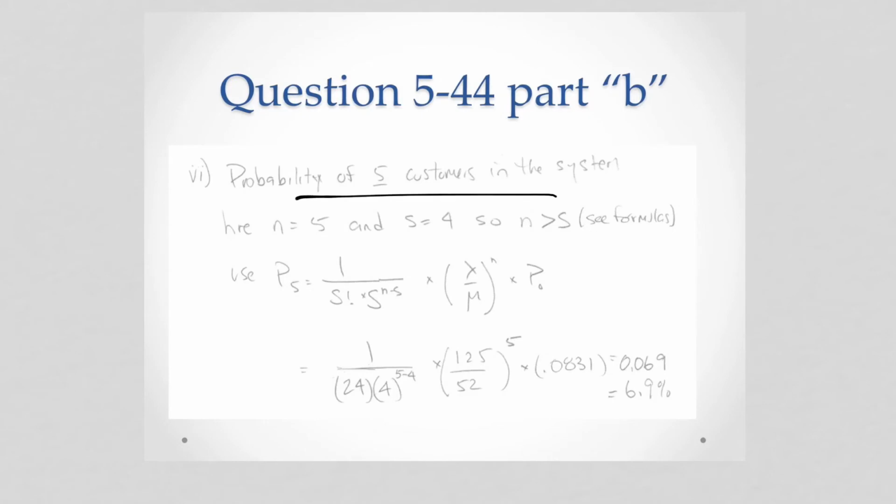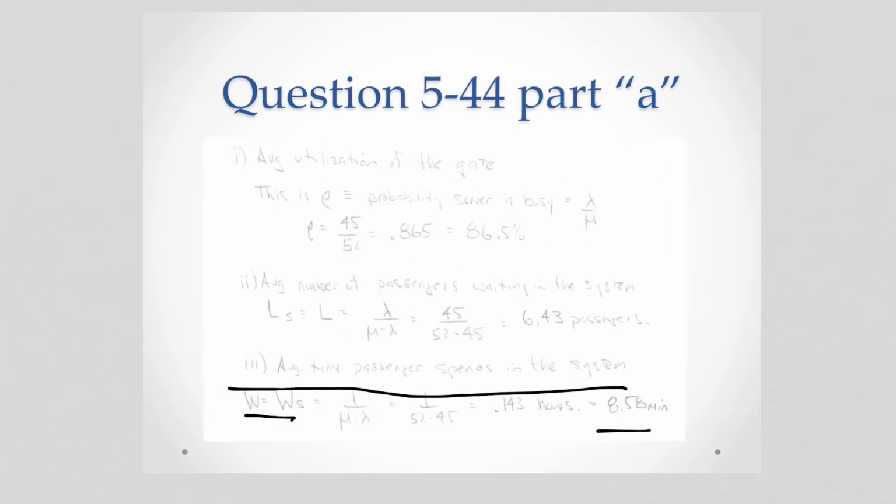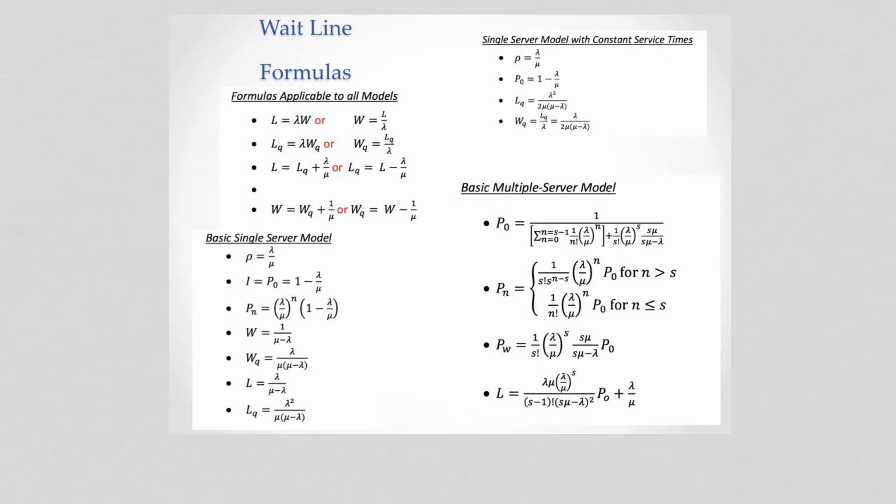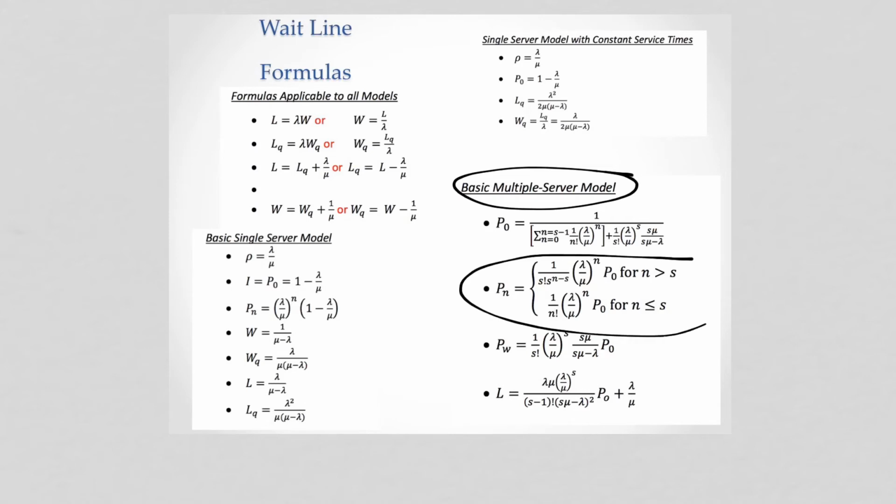Similarly, this question was 5, exact same idea. The formula is a little bit different, and I think what I'll do is just point to the formula sheet very quickly. I'm going to zoom right back here. Okay, we're going to go really fast to the formula sheet because I want to show it to you. There it is. So here's our multi-server, and look at this. See this formula?